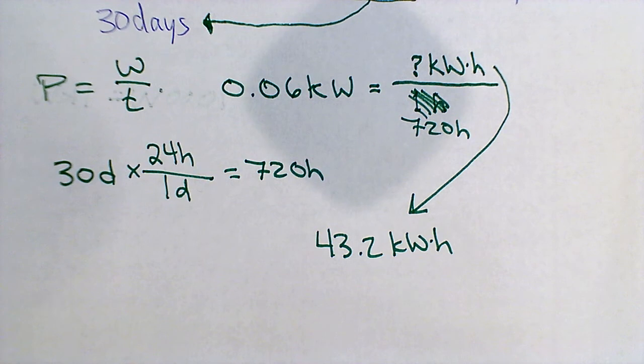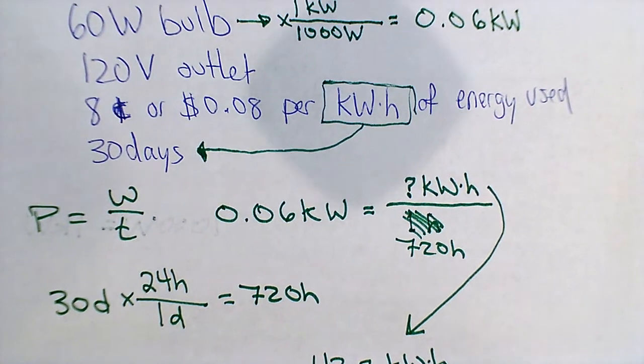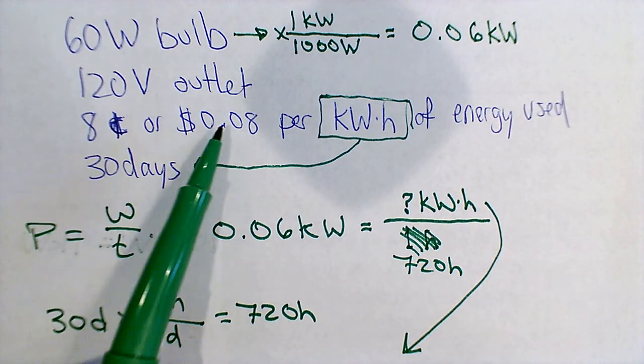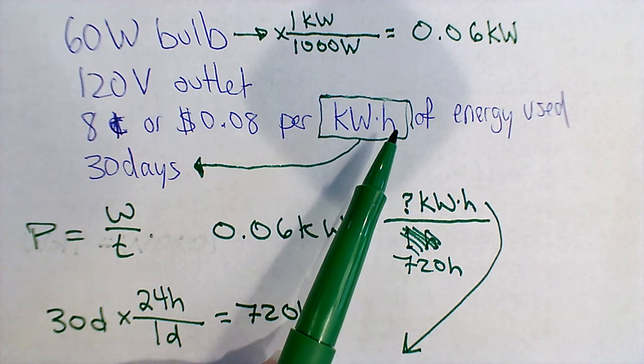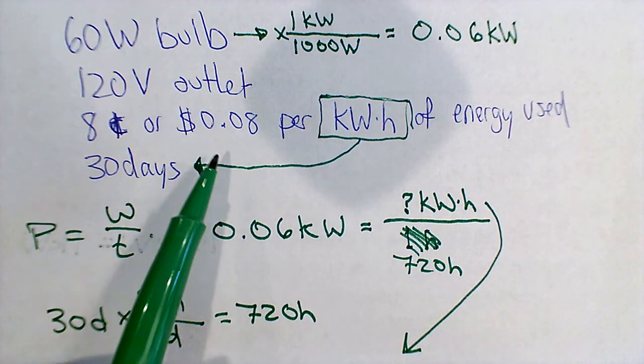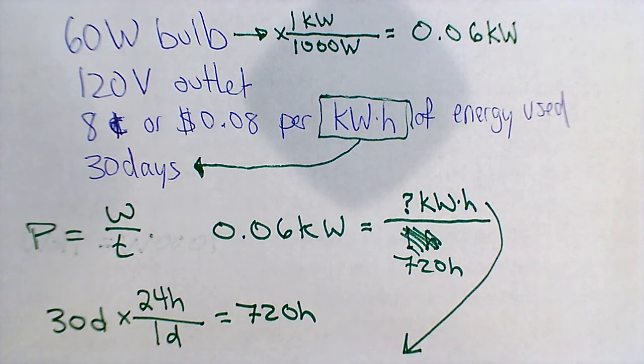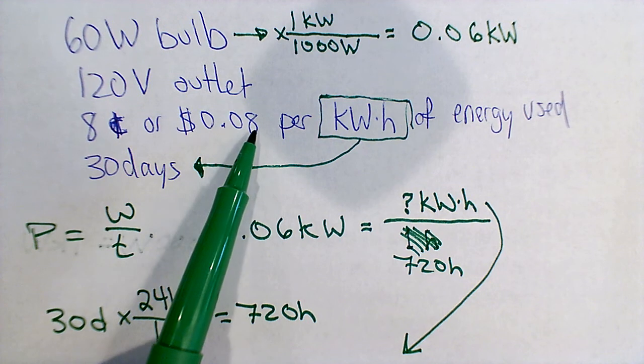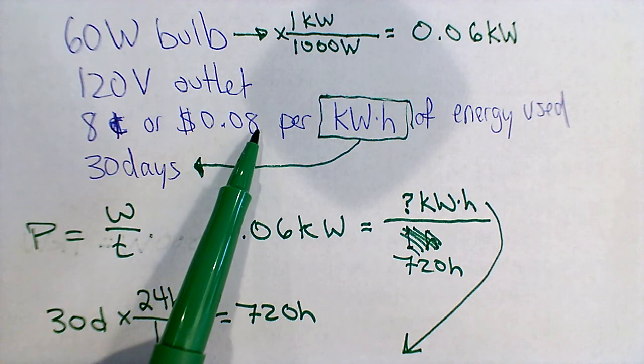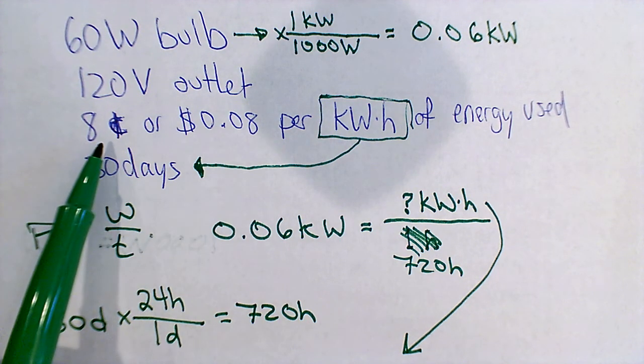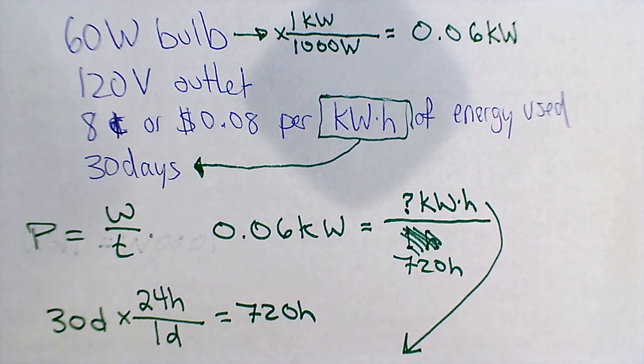I've got one more piece of information I still need to use. It says the utility charges 8 cents per kilowatt hour. So I need to take this number times 0.08 to turn that into dollars, or I could take it times 8 and turn it into cents if you want to know how many cents it takes, but I think most people are probably more familiar with dollars.